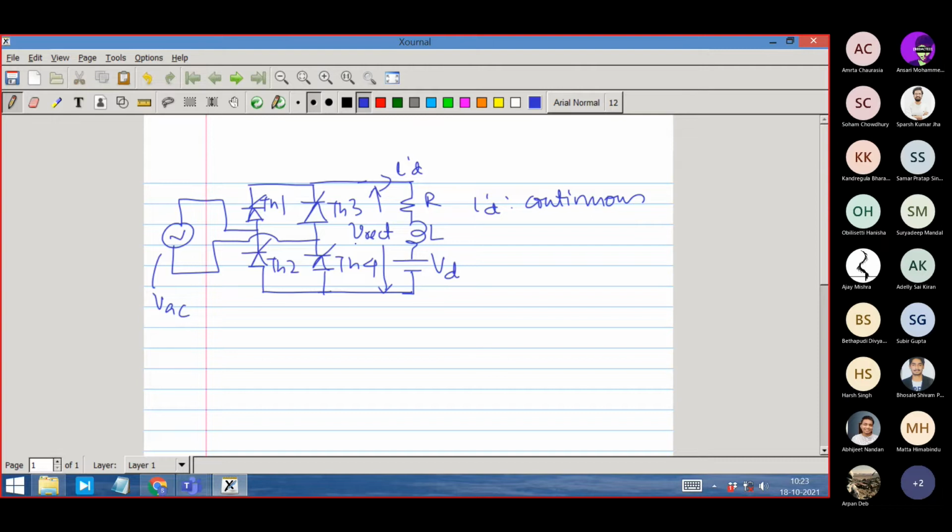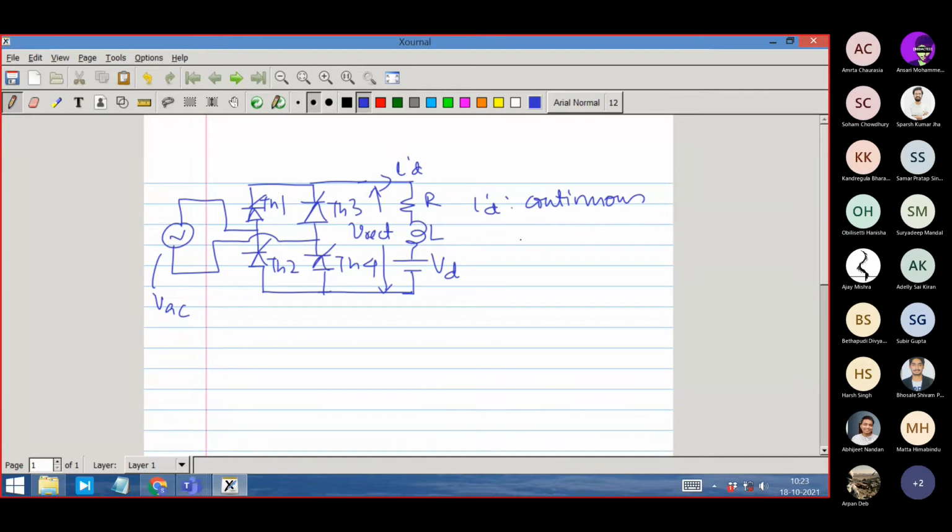I may know when it will start to conduct, because I know alpha. But how do I know when the current will stop conducting? Because current can never reverse. So the discontinuous conduction mode is very much part of the operation of this thyristor converter, and that is where the real difficulty comes.